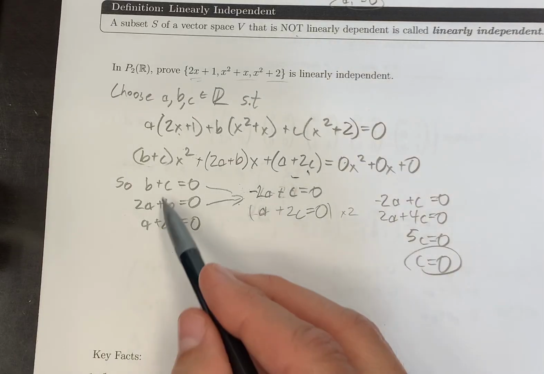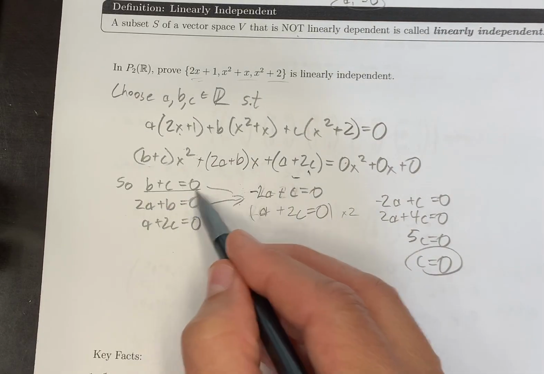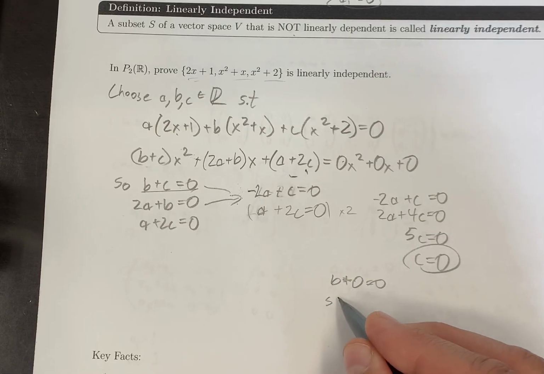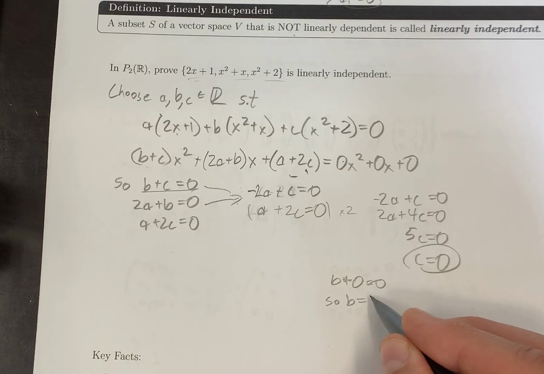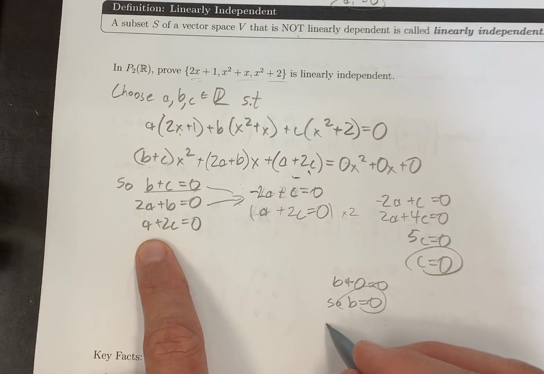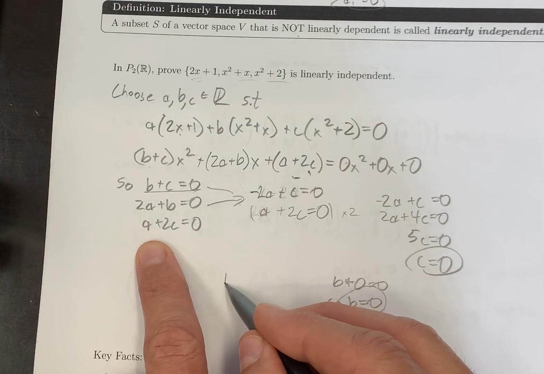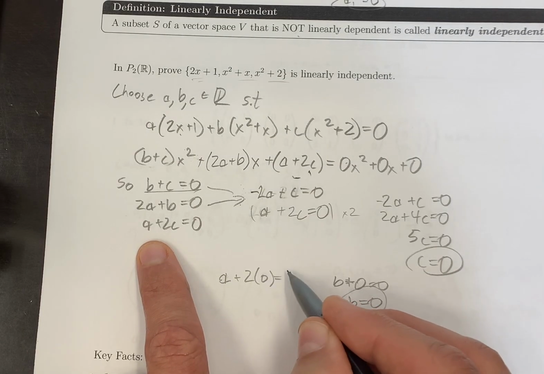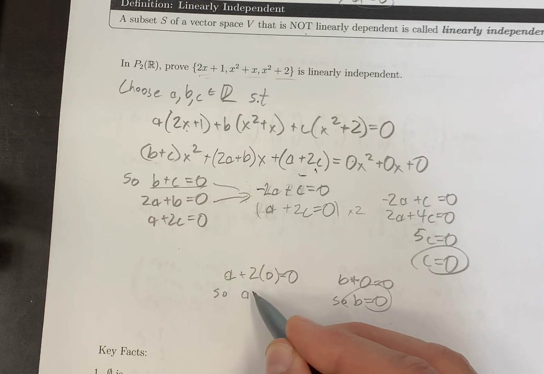Fairly straightforward now to put it into this equation. So b plus 0 equals 0. So b equals 0, right? And let's see, a plus 2 times 0 equals 0. So a equals 0.